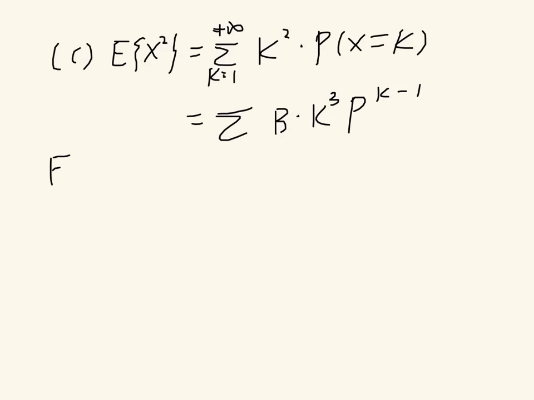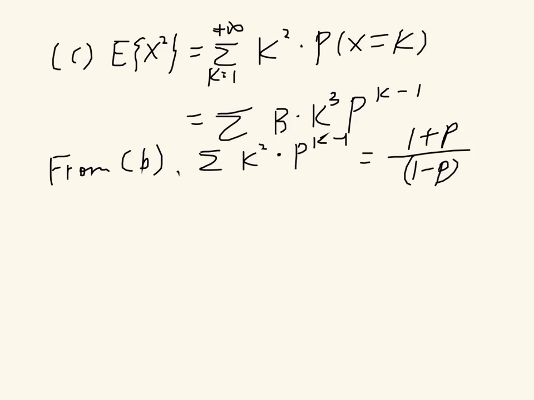From problem B, we already have the sum of k squared times p to the power k minus 1 equal to (1 plus p) over (1 minus p) cubed.